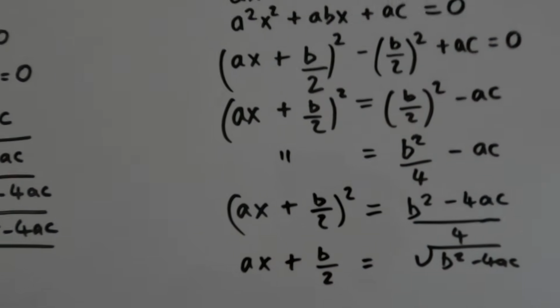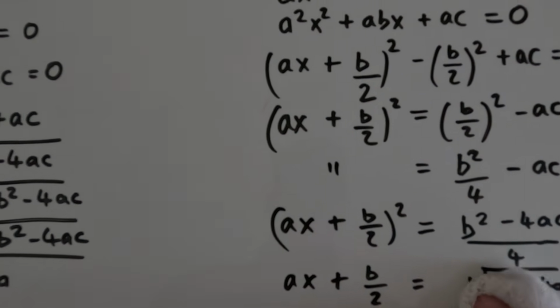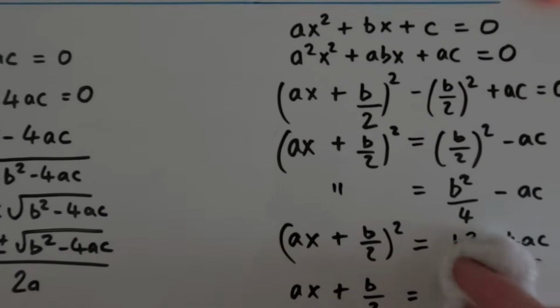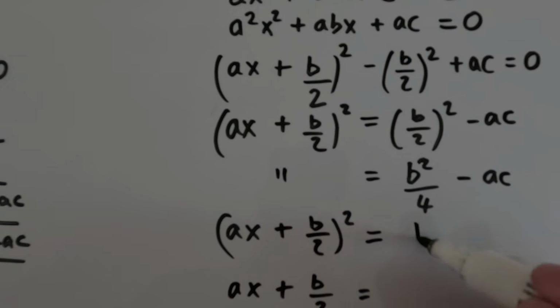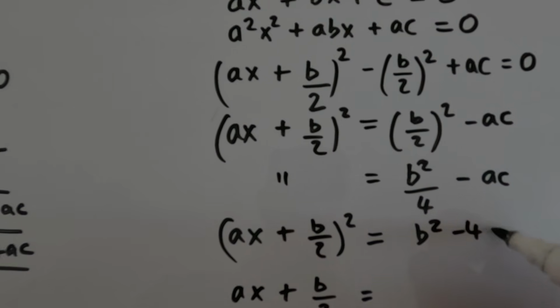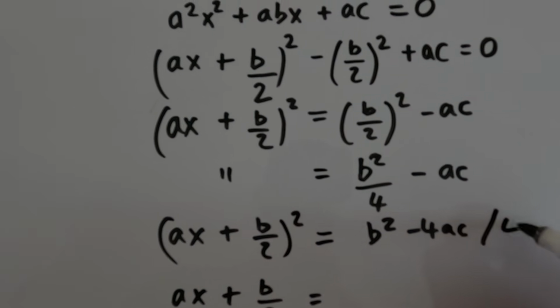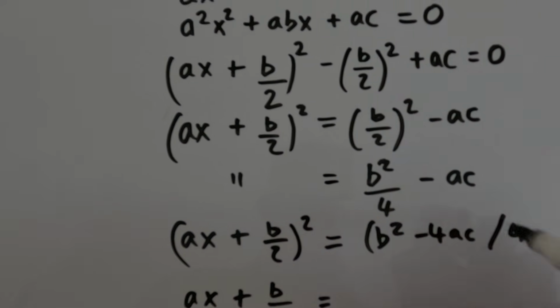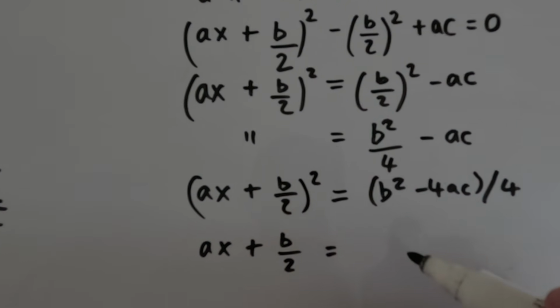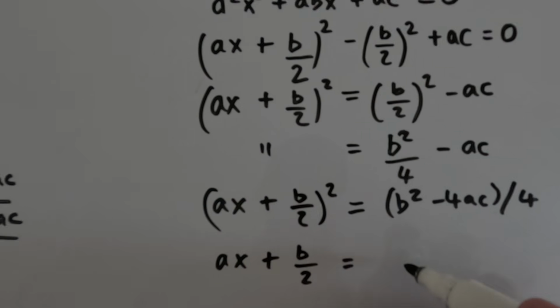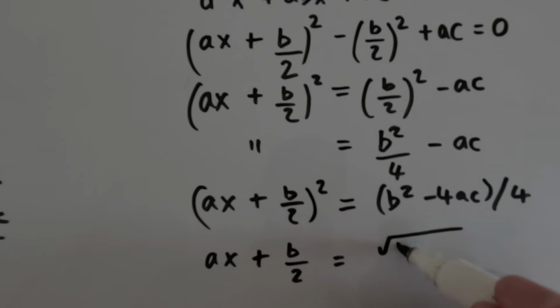In fact, because that is very close to that, let me write it like this, because it's almost touching the next line. Okay, so again, I'm going to take square roots.